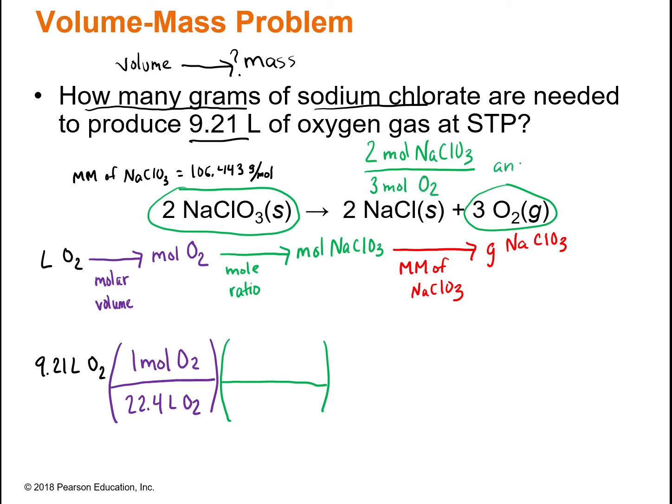Now let's write the reciprocal. We're trying to get to the number of moles of sodium chlorate. So we need to cancel out the moles of oxygen in the top by having moles of oxygen in the bottom. That means we're going to use this first unit factor.